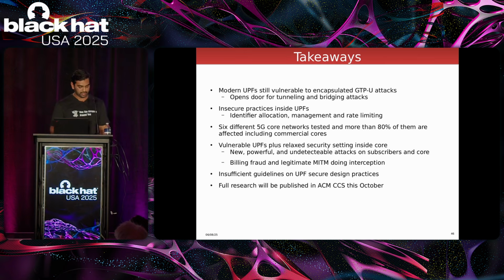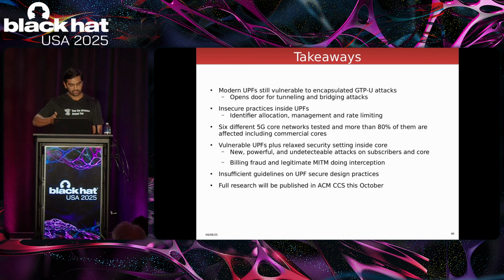We also see insecure practices. Of course, they are not the actual causes of the attack, but not having randomized allocation of identifiers, and we are in 2025, these algorithms should have been optimized or secure enough by now. We're also talking about rate limiting. All these basic features should become mandatory in any kind of design.